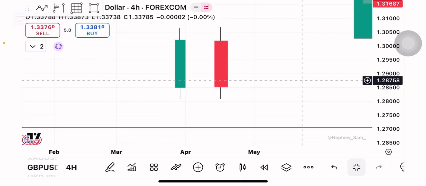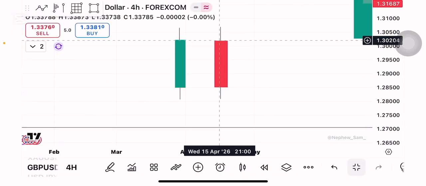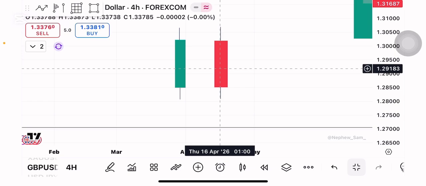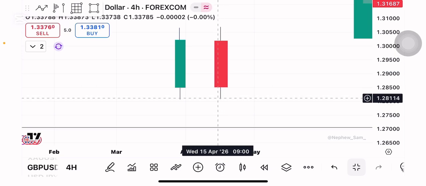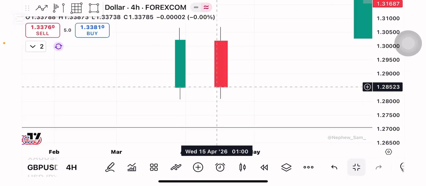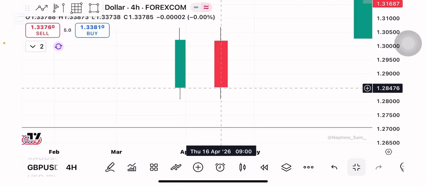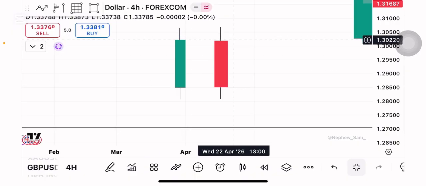So the bearish candle opens from here. Then buyers come in and push price up. Then sellers come in the market and push it to this point. Then buyers push it back up. Then it closes here. So it has its close below its open. The open is up while the close is down. While for bullish, the open is down, the close is up.